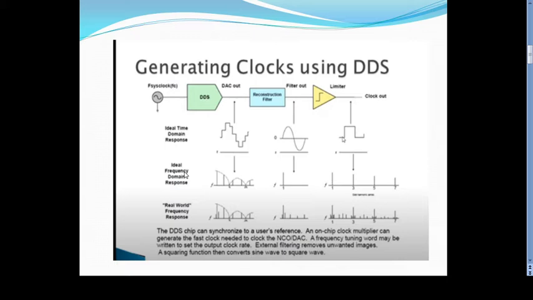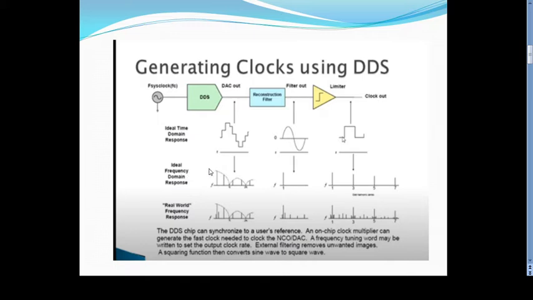Similarly, when we are dealing with the ideal frequency domain response, there are spurious jitters or spurious outputs. The output of the DAC will consist of various sinc functions, which are given to the reconstruction filter.